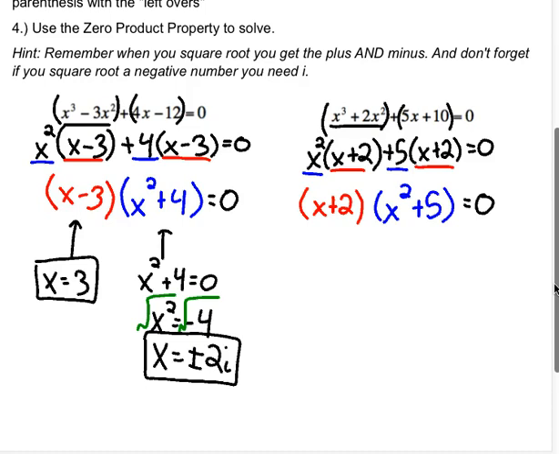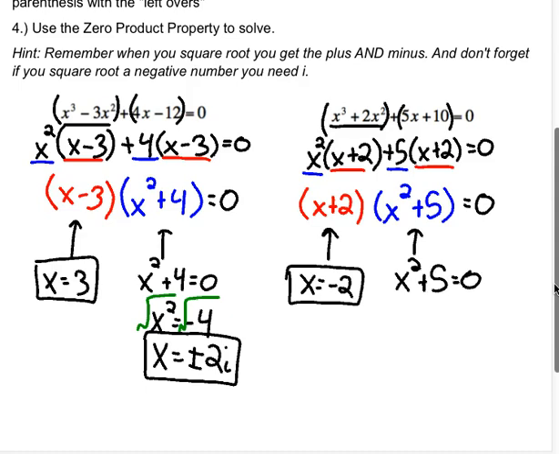So once I've factored by grouping appropriately, now I'm ready to solve with the zero product property. This right here gives me an x of -2. That quadratic piece, remember, anything more complicated, I'm actually going to show myself setting it equal to 0.